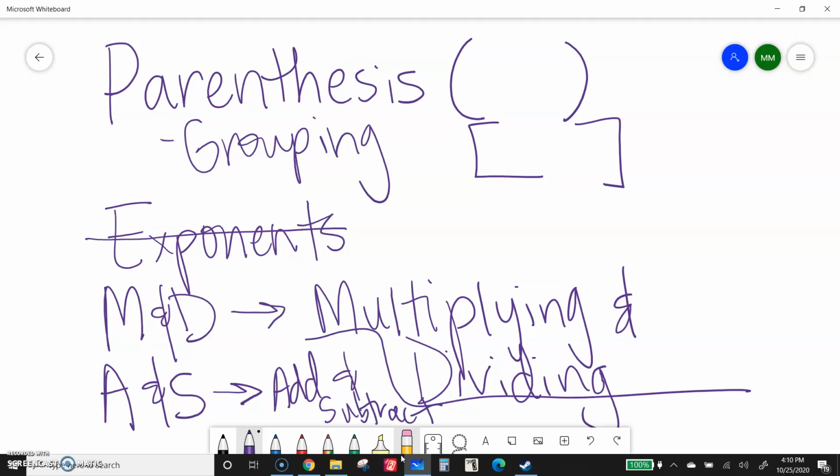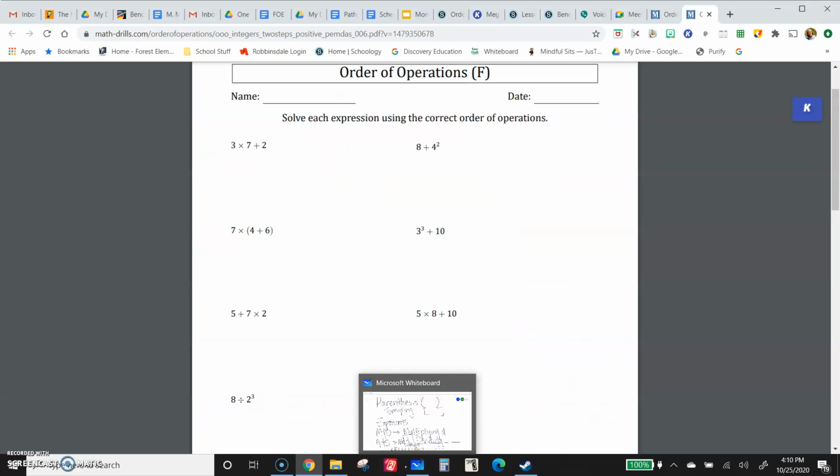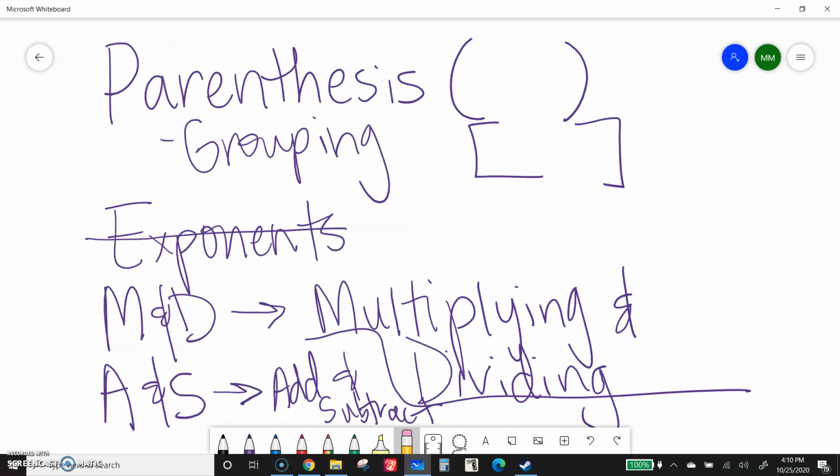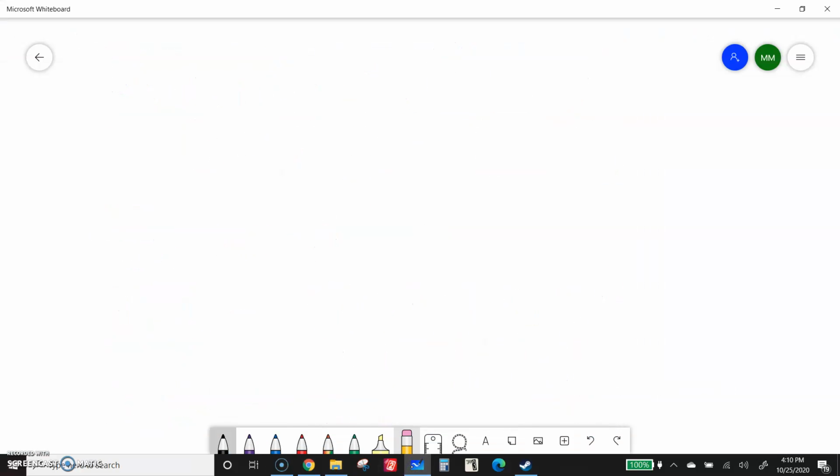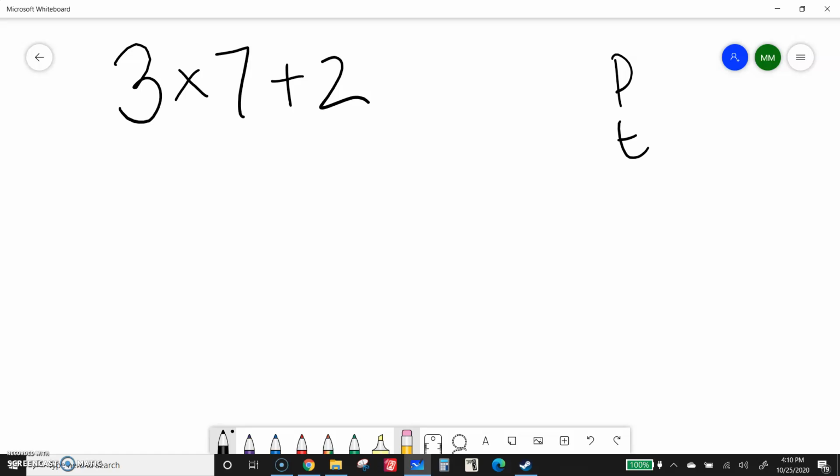Okay, so let's do some examples, and I think it will become more clear. 3 times 7 plus 2. So in a problem like this, it's pretty straightforward. I'll write my note off to the side so I remember. So parentheses, there are no parentheses.